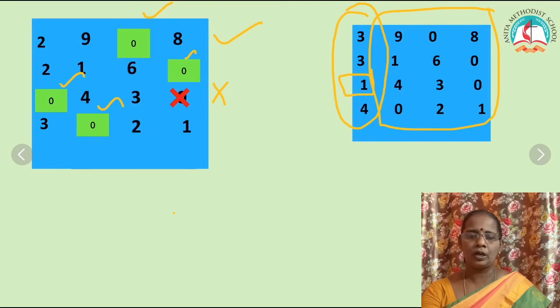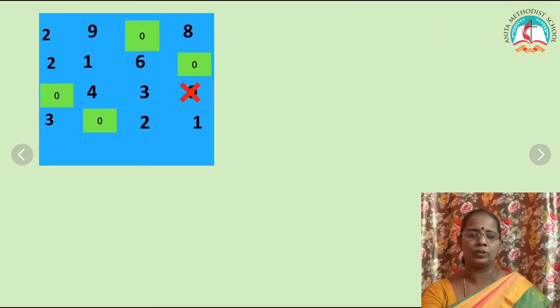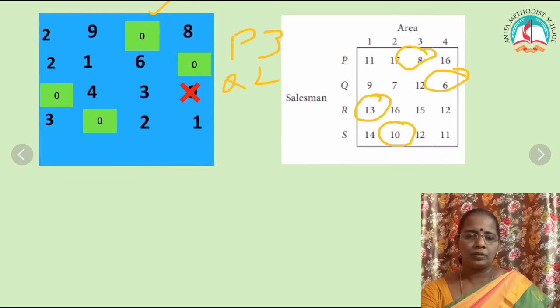Now you have to find out the cost, because here the question is about the cost. Compare this with the question. So salesman and area and the cost. The first one is 8. The second one is 6. Wherever you assign, there you have to put the circle in the question. 13 and 10. Now prepare the table.